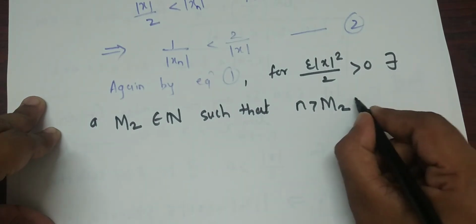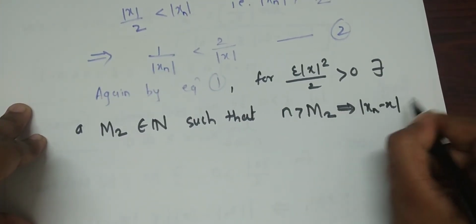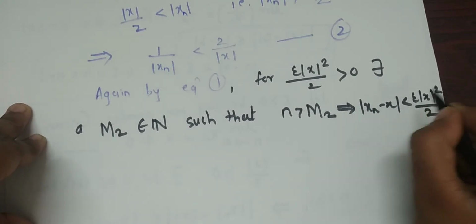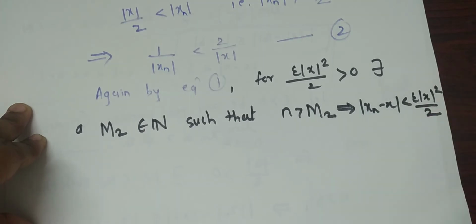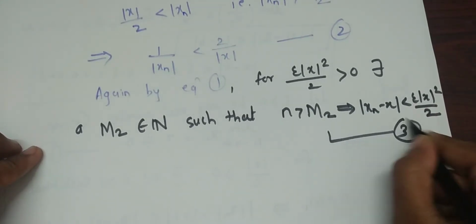Apply here the definition of limit of a sequence: mod xn minus x is less than epsilon mod x square by 2, because they have given us xn converges to x. Call this equation 3.